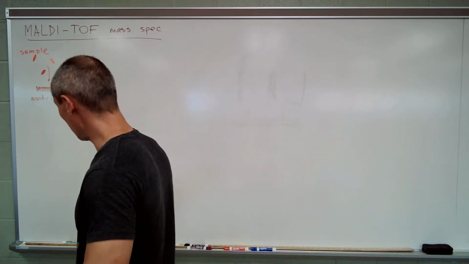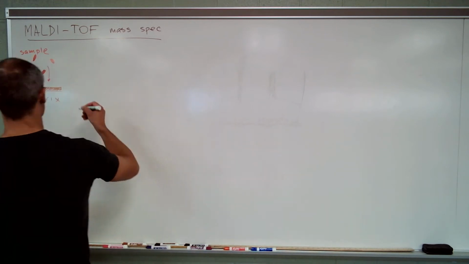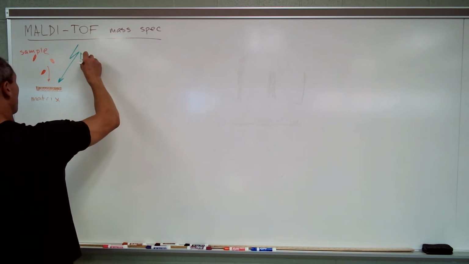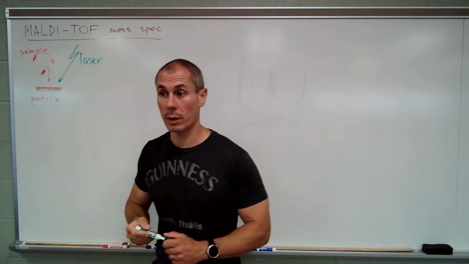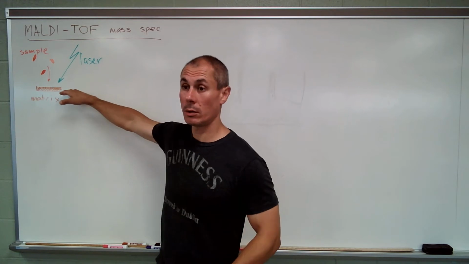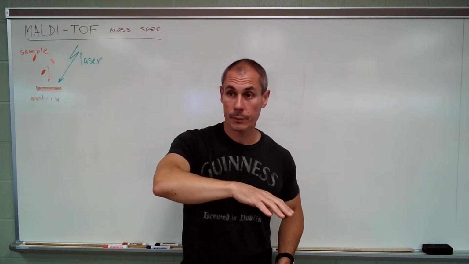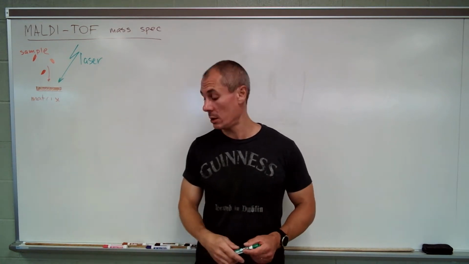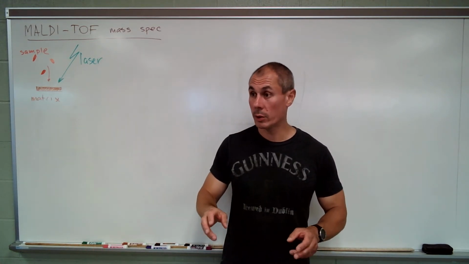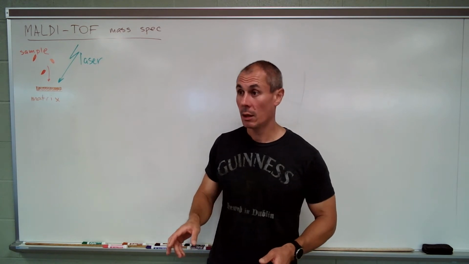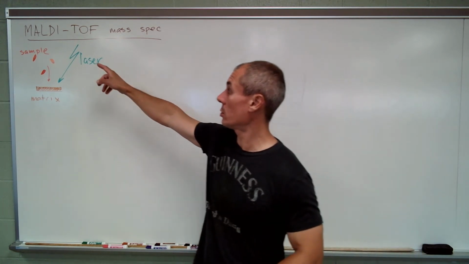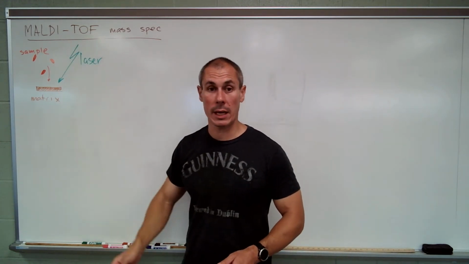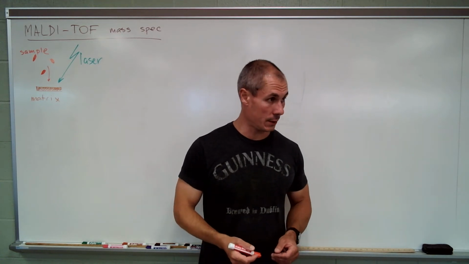What we're going to do here, we're going to take a laser and blast, just like in the Star Wars movie, we're going to blast a laser onto the mix of the matrix and the sample. And just like in the Star Wars movie, this mixture of matrix and the sample is going to quote-unquote explode, okay? And we come to two more words. Desorption and ionization. So especially your sample, what's going to happen to it? It's going to be blown in pieces.